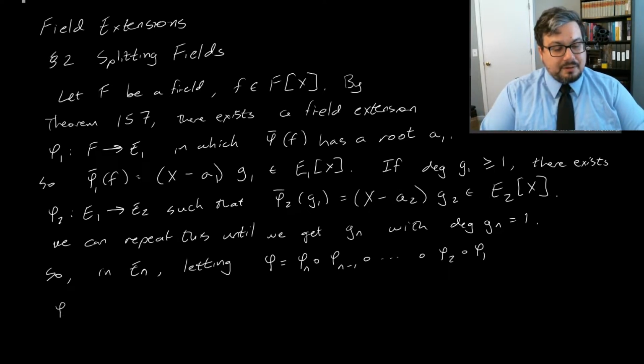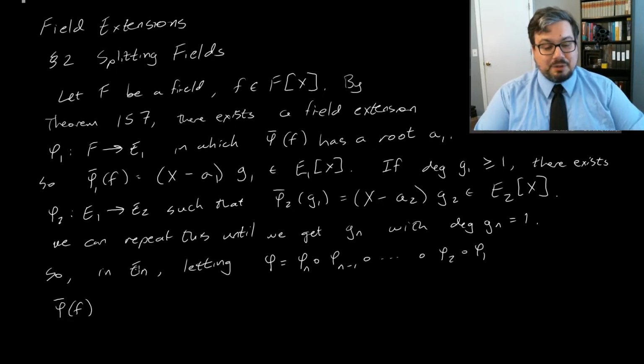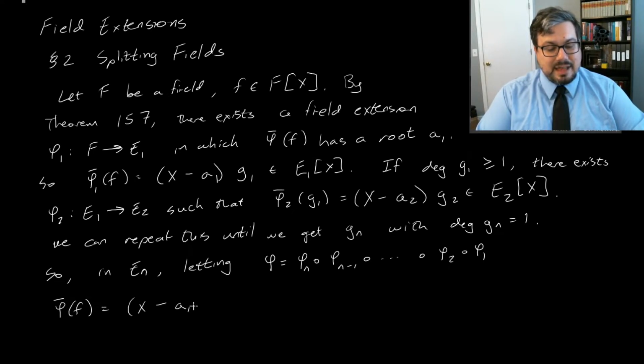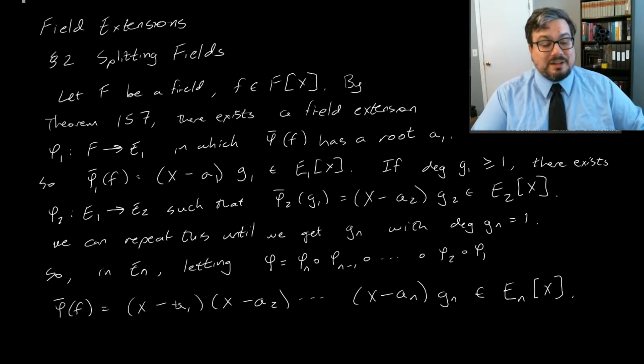And so now phi bar of f, which is going to lie in the polynomial ring over En, is going to equal x minus a1 times x minus a2, etc., times x minus an times gn inside En adjoin x. And technically, instead of a1, I need to write down the image of a1 when we apply phi 2, phi 3, etc., up to phi n. So I'll just call it a1 bar, a2 bar, etc.